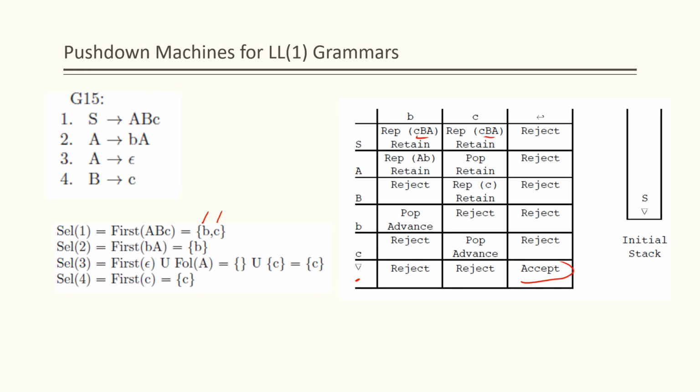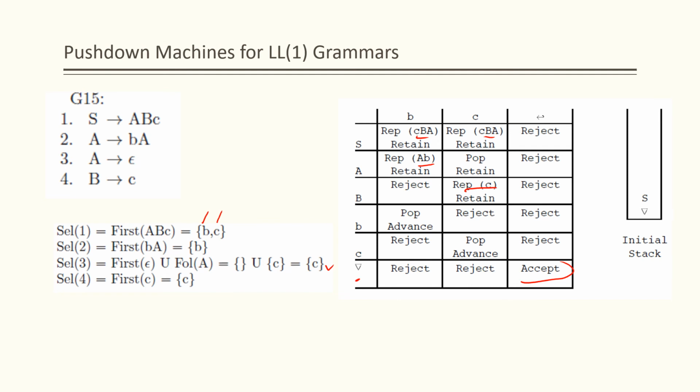What about rule number 2? When we see B, we replace it with AB and return. Then for rule number 3, on C, we replace and return.